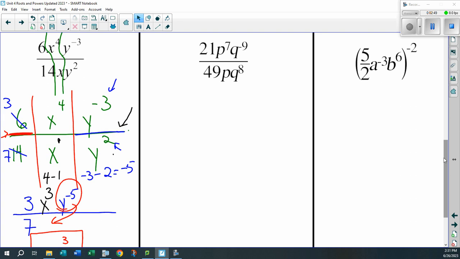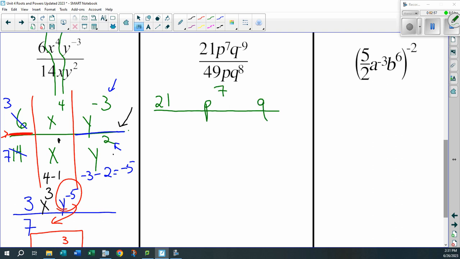Same thing. Look, 21, right? There's the p to the 7, lots of space. Q to the negative 9, right? There's the 49, there's p, there's q to the 8. Okay, lots of room. Now, think about it. 21 and 49.